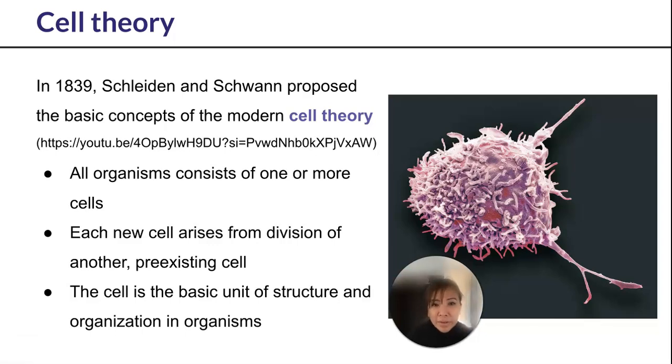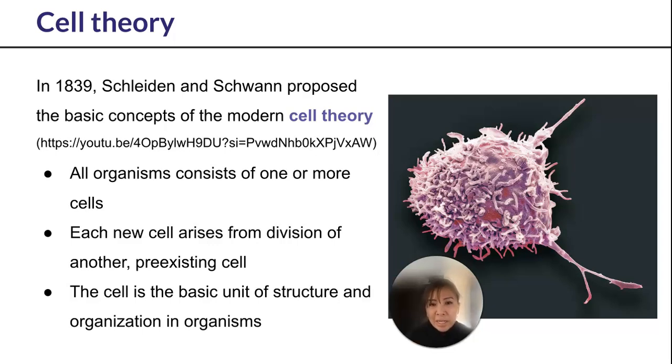So cell theory is the theory that all organisms consist of one or more cells. If you remember, we talked about bacteria and how bacteria are single-celled, versus us animals, we're multicellular, so we're made of many cells. And as we mentioned before, it was observed that cells arise from the division of another cell.